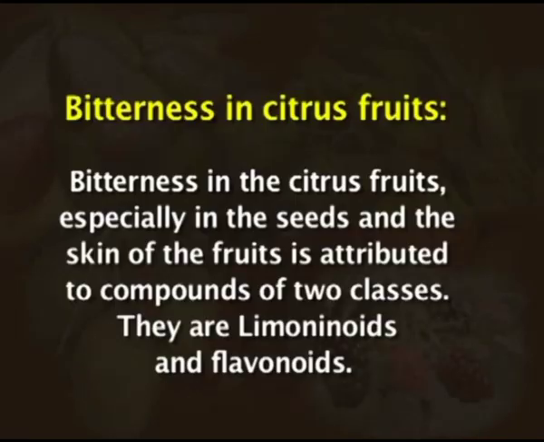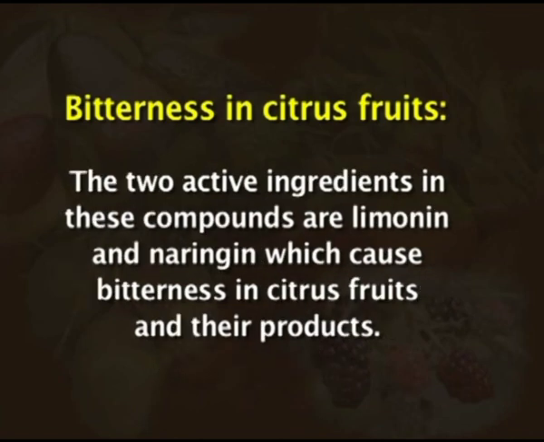Now, bitterness in fruits, especially in citrus fruits, especially in the seeds and the skin of the fruits, is attributed to compounds of two classes, which are limonoids and flavonoids, and the two active ingredients in these compounds are limonin and naringin, which are the active compounds which cause bitterness in citrus fruits and other products.